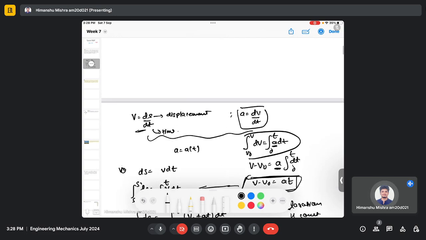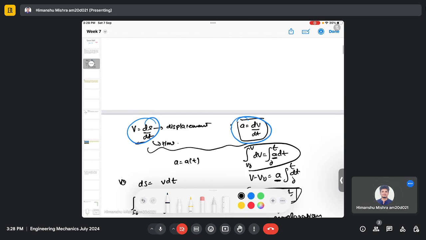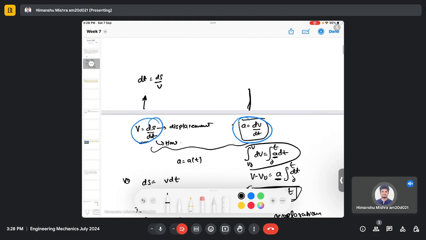Now you can derive one more equation by using these two expressions. Here this expression you can write as dt equals ds by v, and this expression you can write as dt equals dv by a.